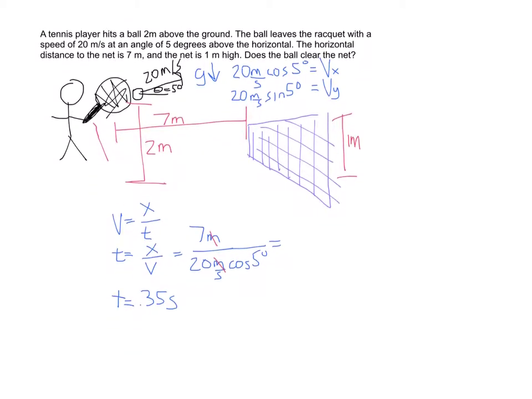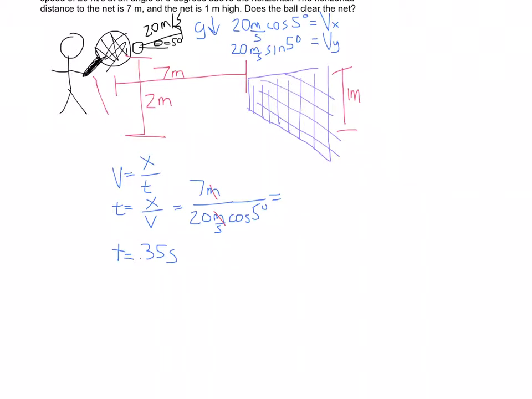So the formula that we're going to use is y final equal to y initial plus the initial velocity in the y direction times time plus 1/2 a in the y direction, which is g times t squared.